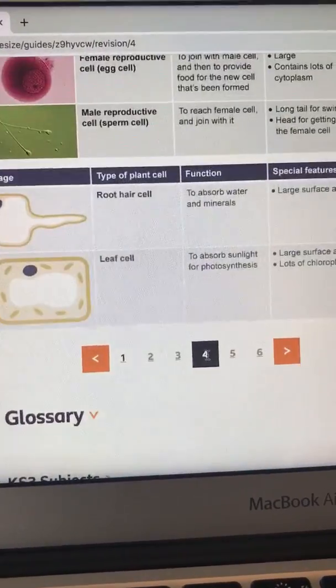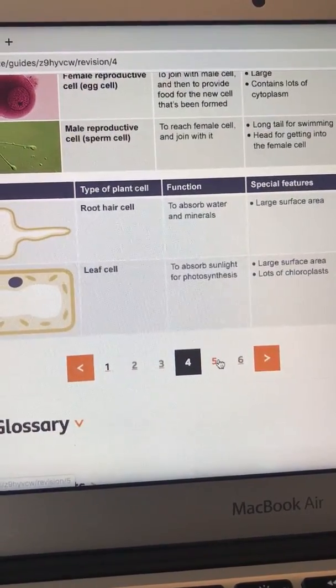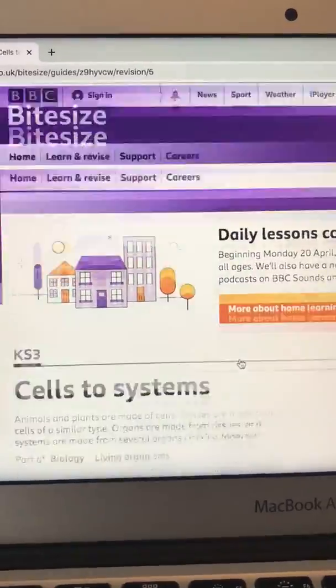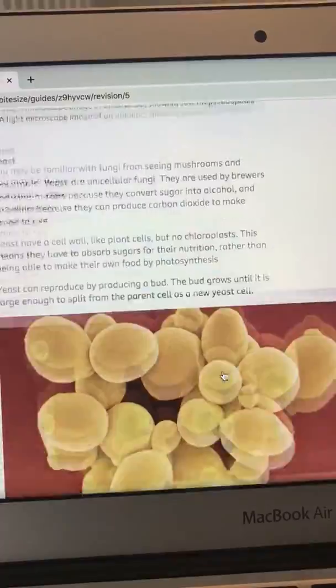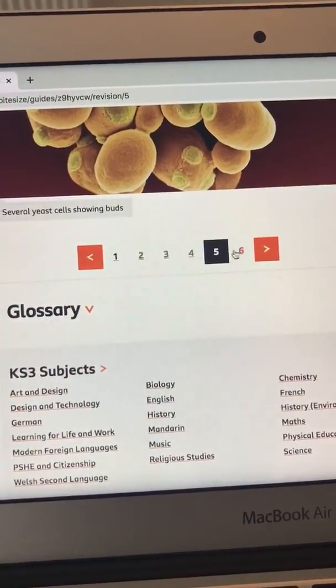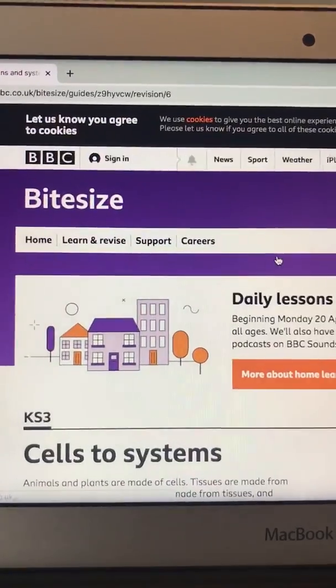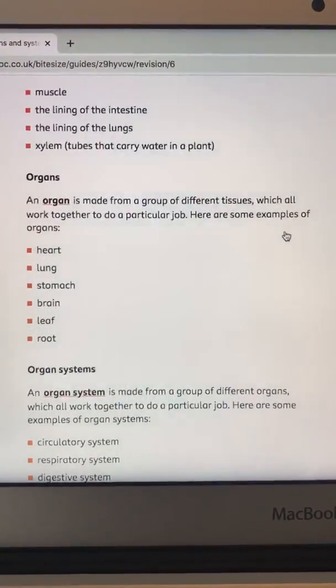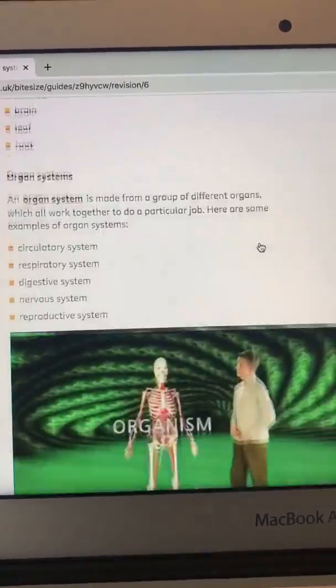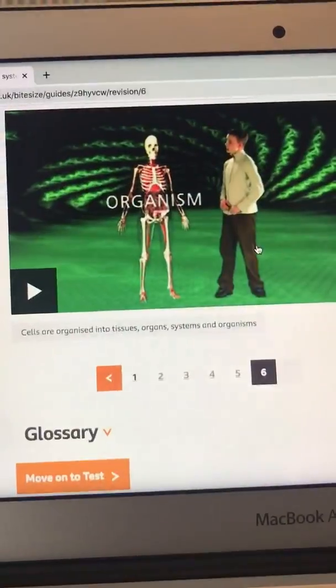We have done some work related to this one as well. Okay, let's go to the 5th page. Right, and it talks about yeast and bacteria. And the last page, right, is basically tissues, organs, and organ systems. And then there is another video.